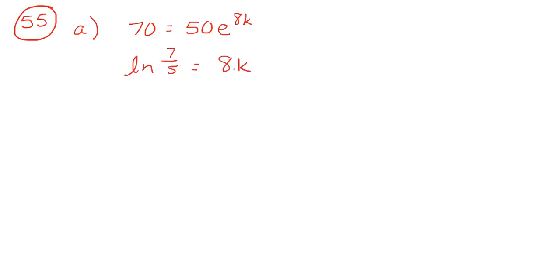So if you do that and divide both sides, this is the first piece of information we need: k is 0.0421. So now that we have that, we can complete part A and write the formula. The formula then becomes P of H is 50 times e, using this value K that we found, to the 0.0421 times H.